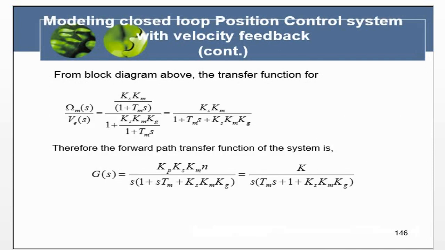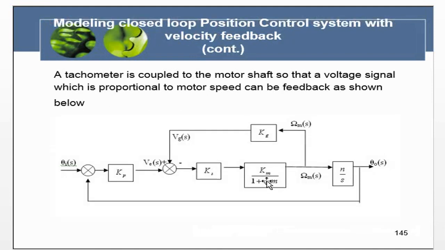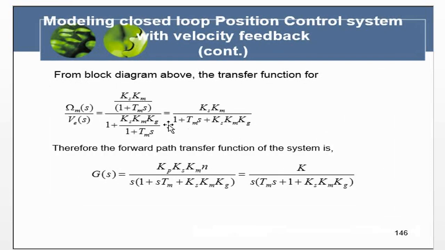From the block diagram above, the transfer function for θms per Va, it means for this part, we get KsKm per (1 + TmS + KsKmKg).